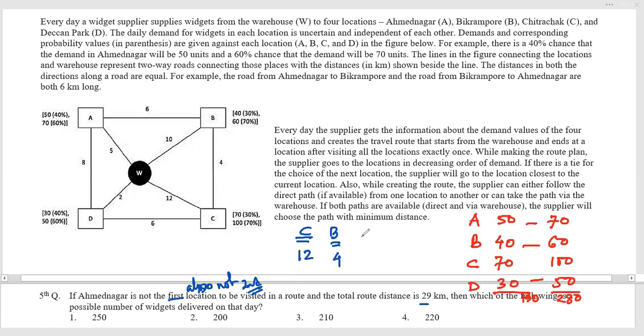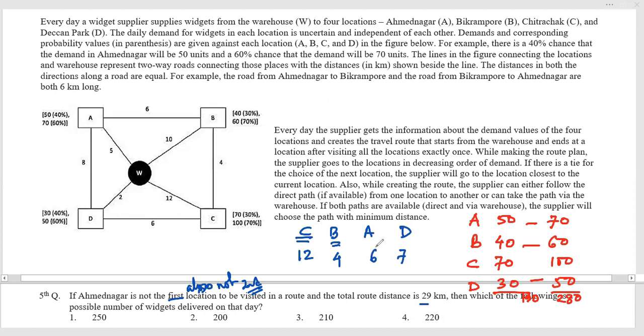It is already 16 done, so 13 in my hand. If it is A and then D, it would be 6 plus 7, 13. So that's CBAD. This is the possibility that is happening.